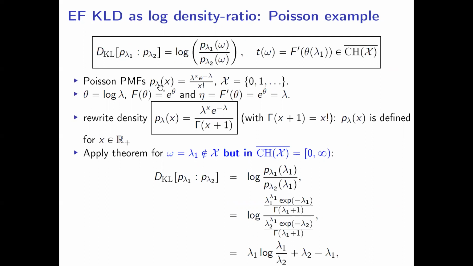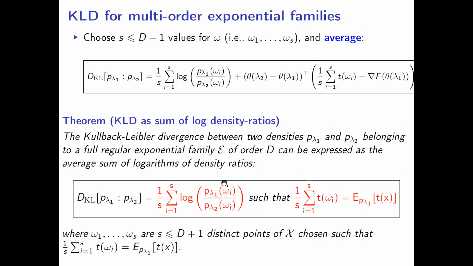We are going to replace the expression of the PMF by the expression of the PDF here with omega, okay, gamma. By doing that, what we need to do now is to choose omega such that we can annihilate this term by taking this equality. Let's write it like that. So we find again the KLD between two Poisson PMFs.